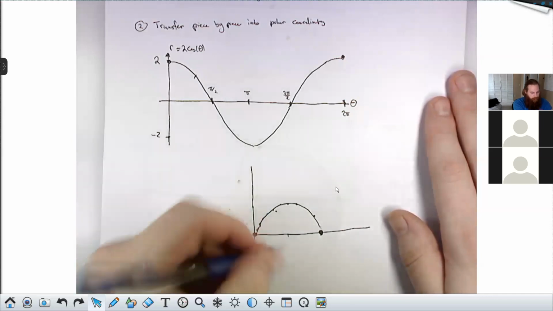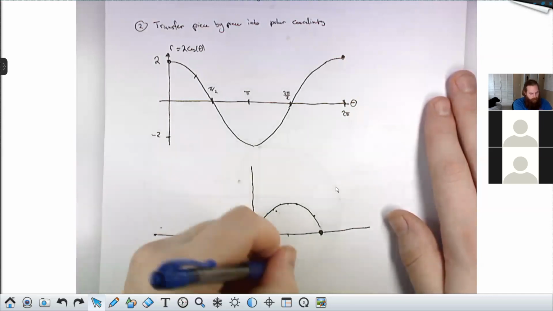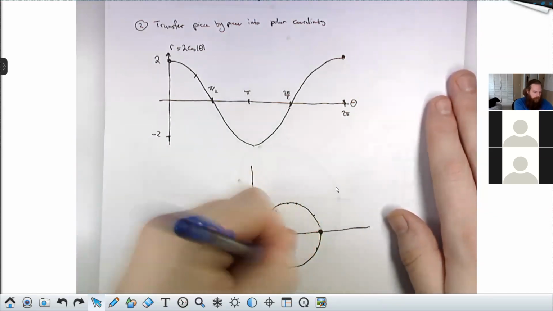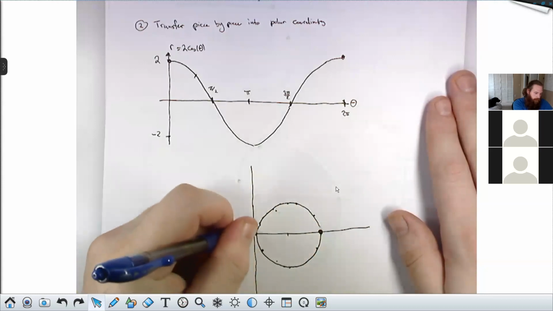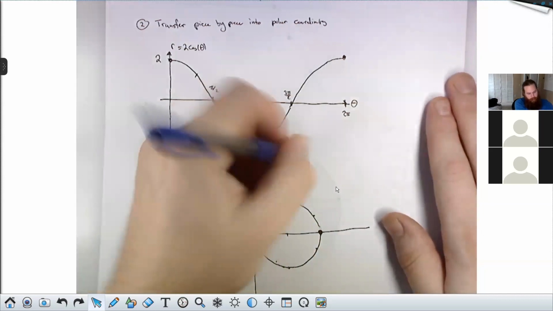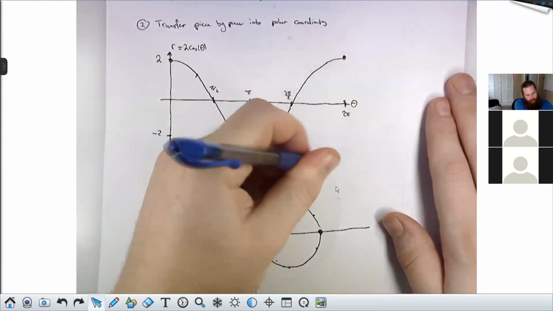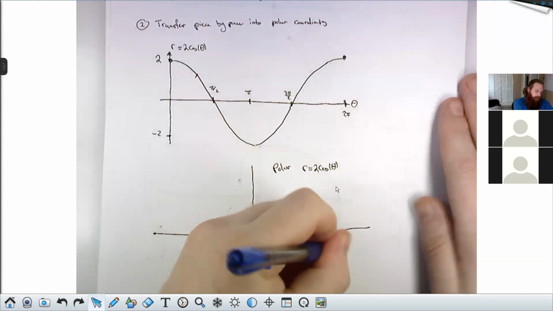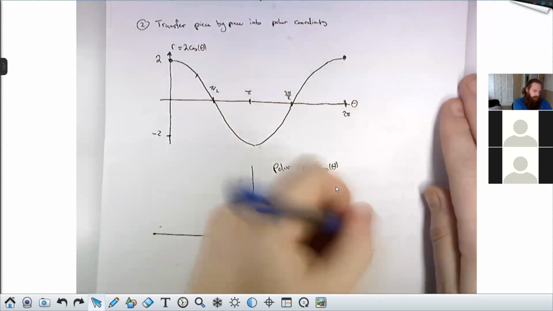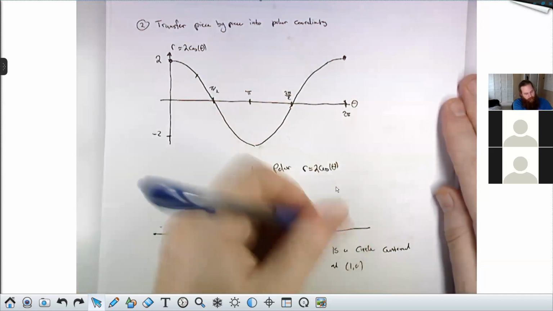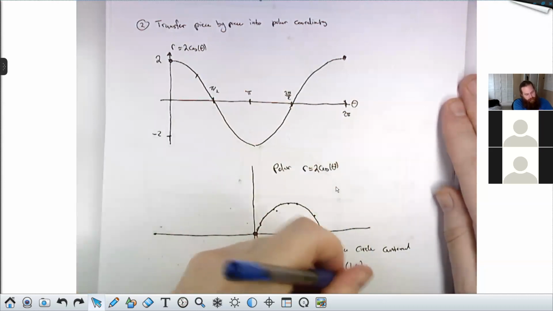But R is negative, so I have to reflect through the origin, and you get this. So this is your polar plot, r equals 2 cos theta. It's a circle centered at 1, 0 and of radius 1.